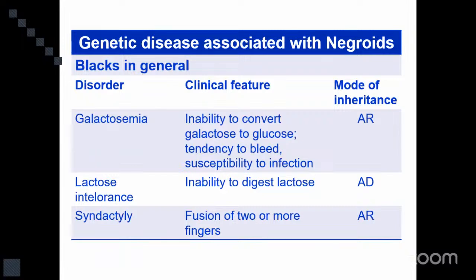So genetic diseases associated with Negroids. Remember we said we need to look at the ethnic background of the individuals. Blacks in general will have higher risks for lactosemia, lactose intolerance, and then syndactyly. Their definitions: inability to convert lactose to glucose, tendency to bleed, susceptibility to infection, inability to digest lactose, and fusion of two or more fingers, and then their mode of inheritance, whether autosomal dominant and so on.